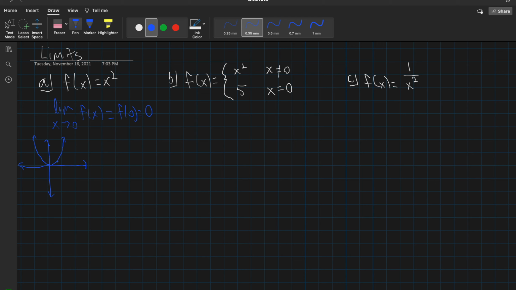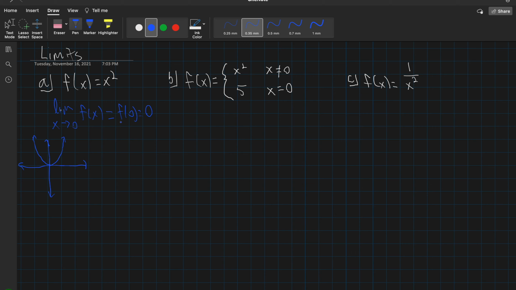So it seems that it checks out that as we approach from the right, we're approaching our f of 0 value, and when we're approaching from the left, we're also still approaching the value of 0. So graphically, this also checks out, and it seemed that actually plugging in for the value was our limit itself.